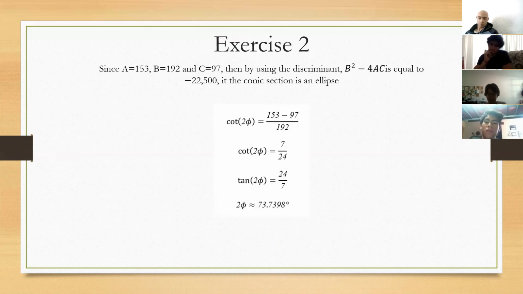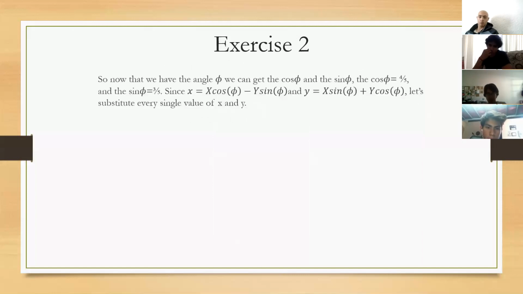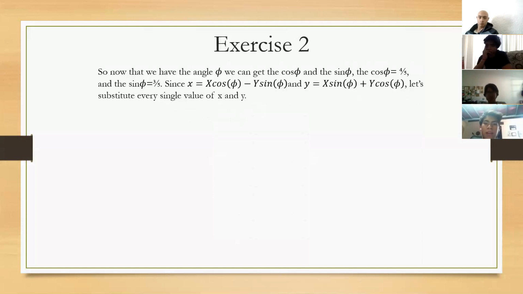So we get 2 phi is approximately 73.7398 degrees, and dividing by 2, phi is equal to 36.8699. Now that we have the value of the angle phi, we can get cosine of phi and sine of phi. Cosine of phi is equal to 4 over 5, and sine of phi is equal to 3 over 5.